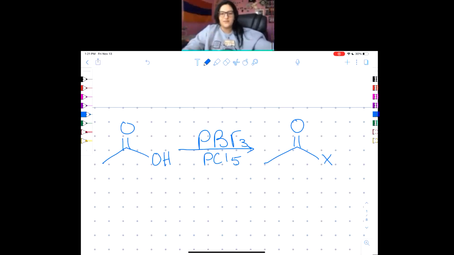Those are the two main ones. We can also use PCl3. So the only way to go from something to an alkyl halide is through these guys.